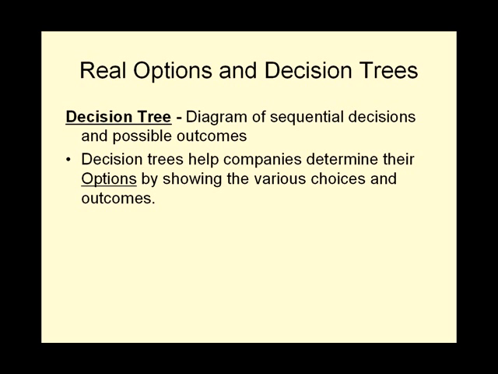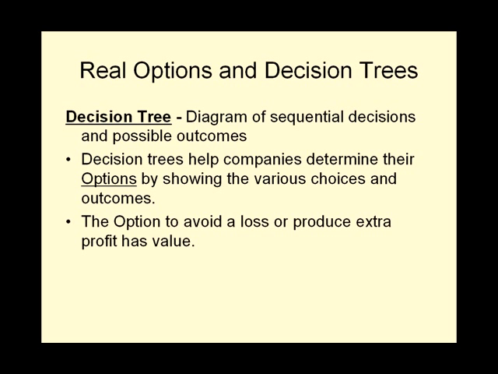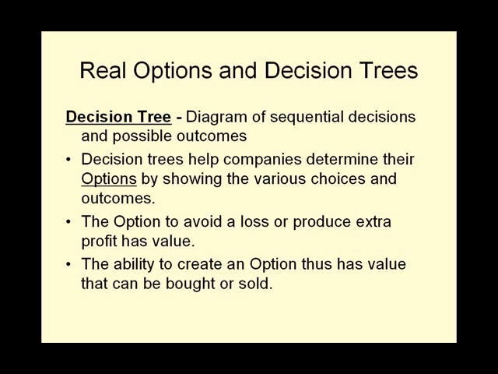So decision trees help companies identify their options and actually think about the consequences of those options and the values of those options. Any decision that creates an option to avoid a loss or produce extra profit has value. And therefore, the ability to create an option has value, and that ability can be bought or sold.